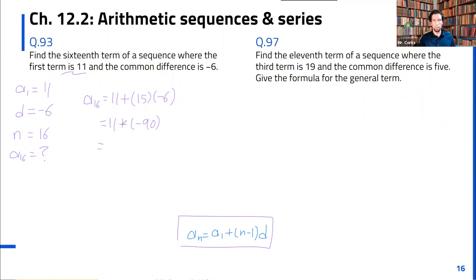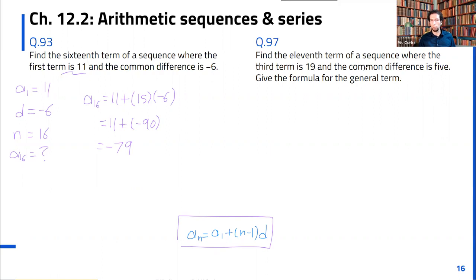So 11 minus 90, and that's going to turn into -79. So there we go. Just look at the information we're given. In this case, very directly, we can use our formula.